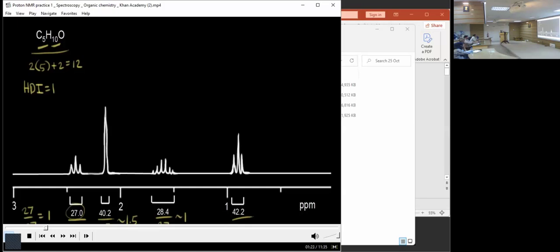And 42.2 divided by 27 is once again pretty close to 1.5. Remember, these are just the relative numbers of protons giving you these signals, but you can't have 1.5 protons giving you a signal. We need a whole number, and we need to account for 10 total protons here.